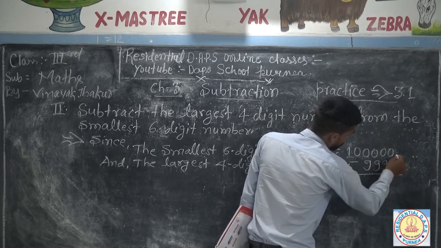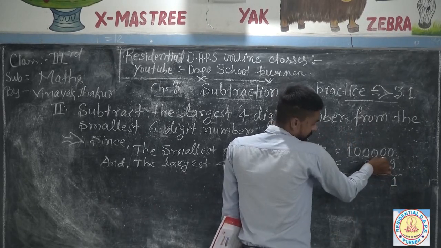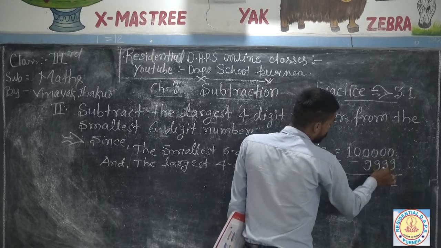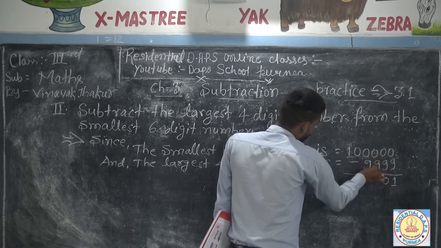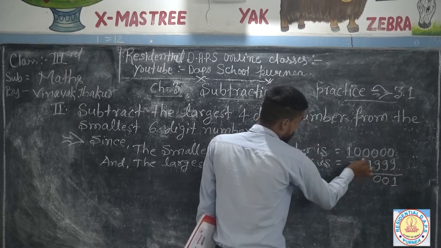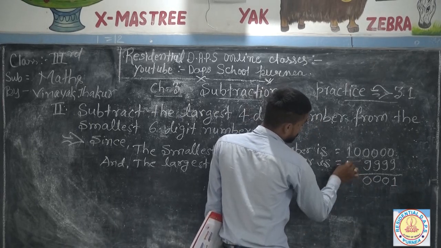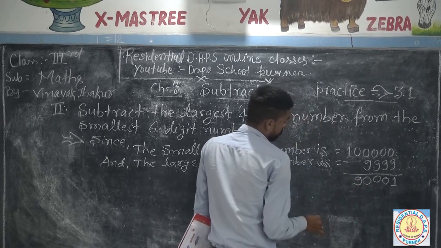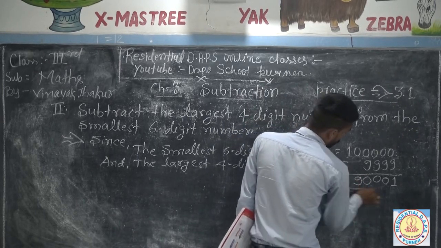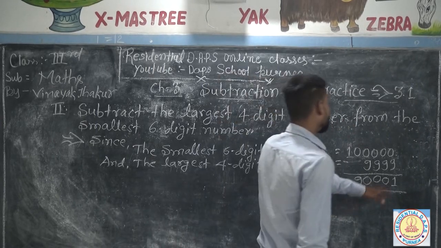Now you can subtract 10 minus 9, 1. Now here remains 9, 9 from 9, 0. Then 9 from 9, 0. Then 9 from 9, 0. And at the end 9. So this is your answer, 90,001.